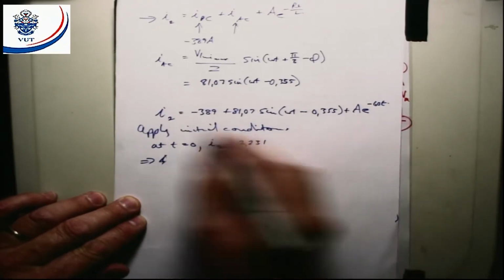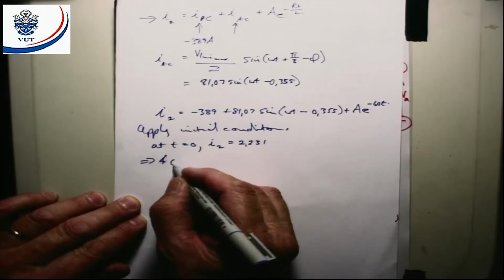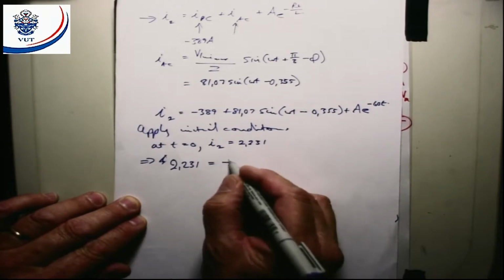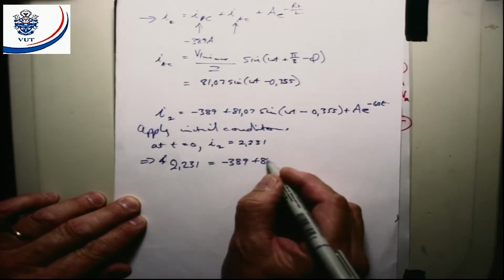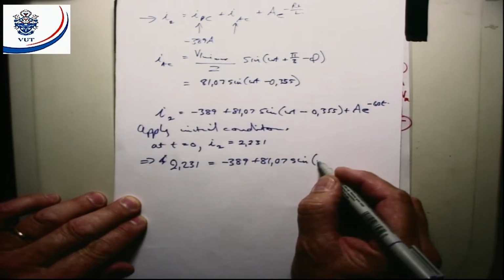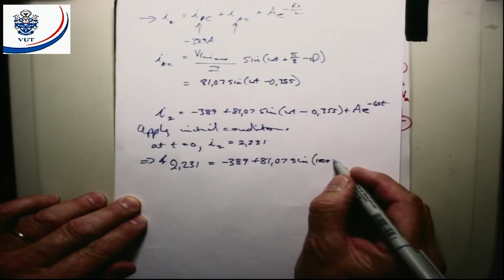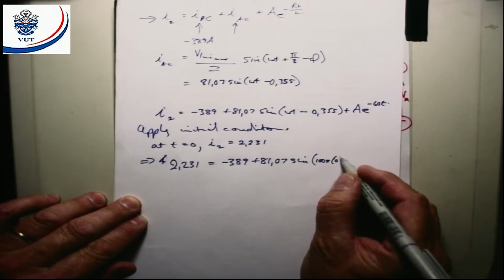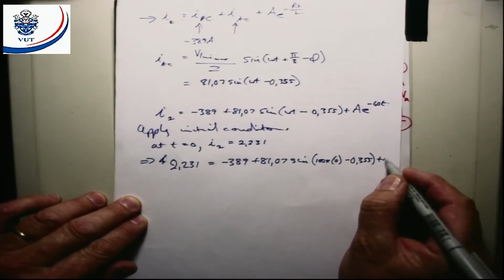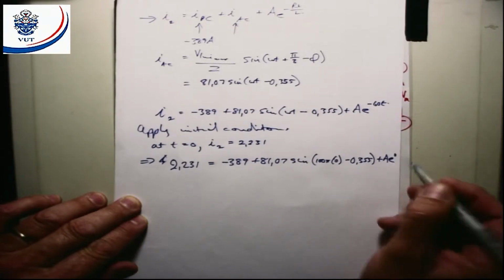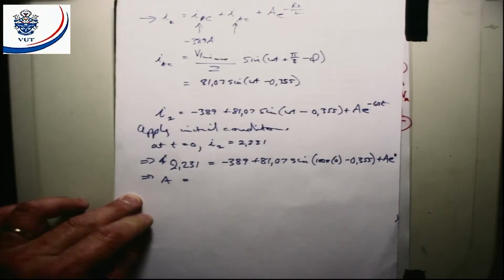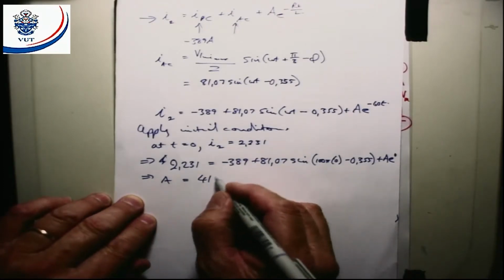Therefore, we fill in here: 2,231 is equal to minus 389 plus 81,07 times the sine of 100 pi times 0 minus 0,355 plus A e to the power 0, and then we get that A is equal to 417,8.